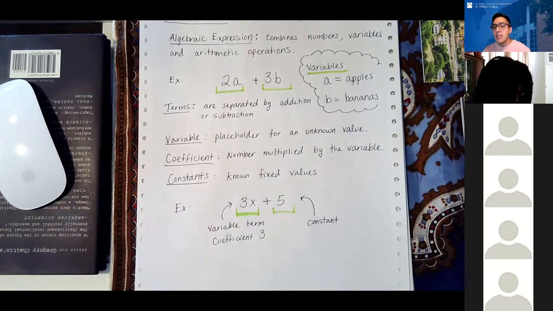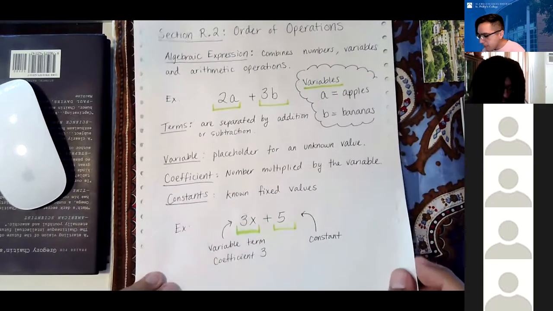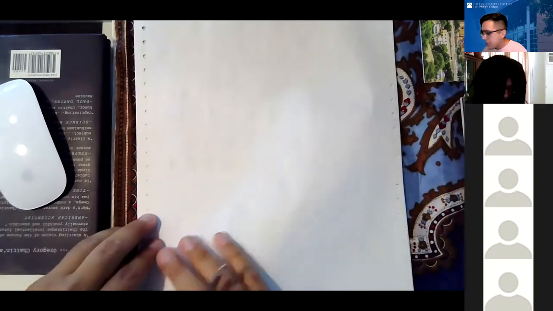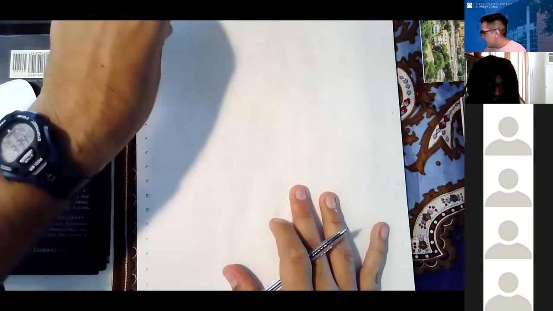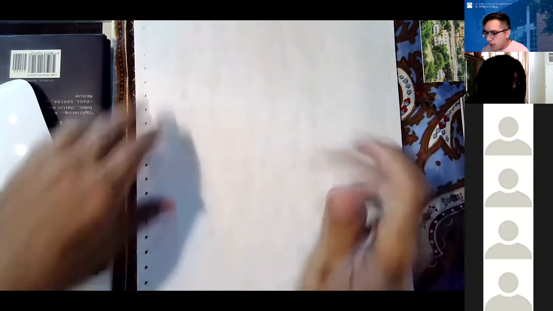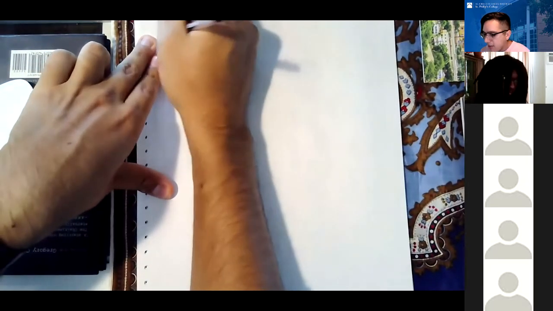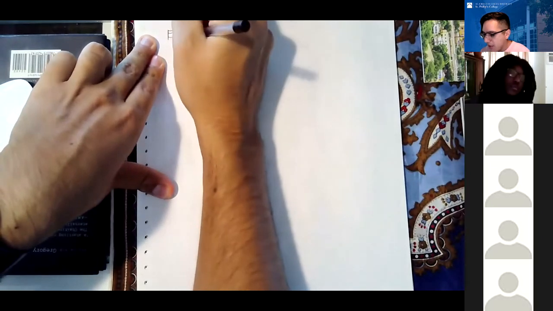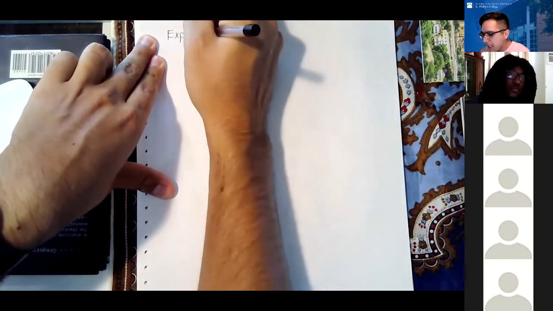Everything in this course is going to build up. But now we're going to need to be able to manipulate these algebraic expressions that have more operations than just a single addition or a single subtraction. So let me introduce to you a new operation. Maybe it's not that new. Maybe some of you guys have heard of them and used them before, but can anybody tell me what an exponent is?